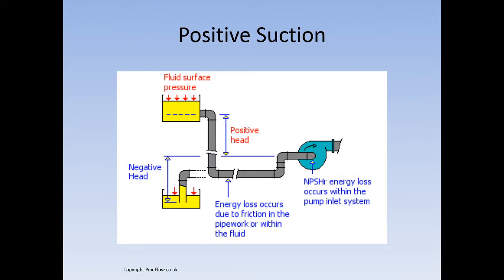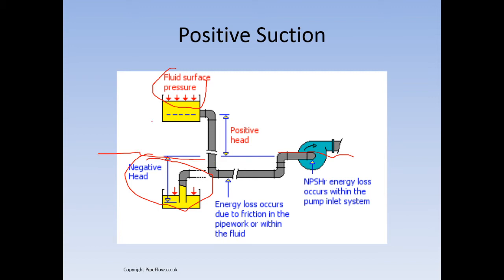Okay, on the field, there are two types of pump application: the positive suction and negative suction. Due to the constraints of application on the field, usually you design the pumps with negative suction. Negative suction means your reservoir is below the center line of the impeller, and positive suction is above the center line of your pump. Why do they call it positive?